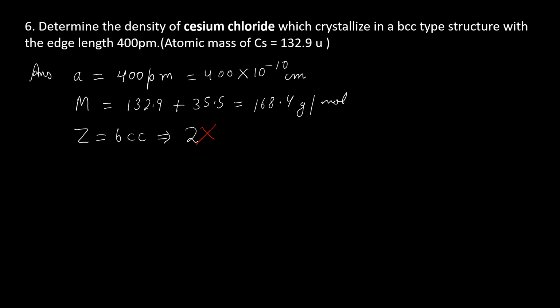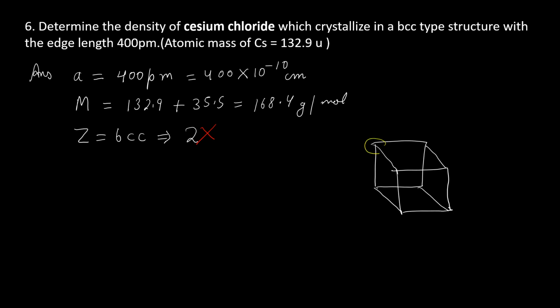Now, cesium chloride has a cubic structure, and that is BCC. So this is a cubic unit cell, like this. Since it is cesium chloride, two different types of atoms are there.